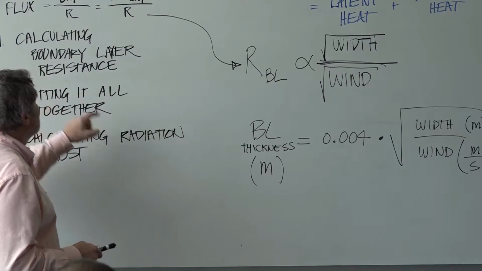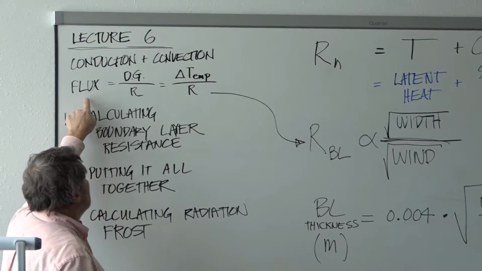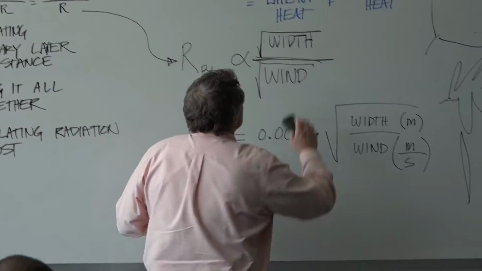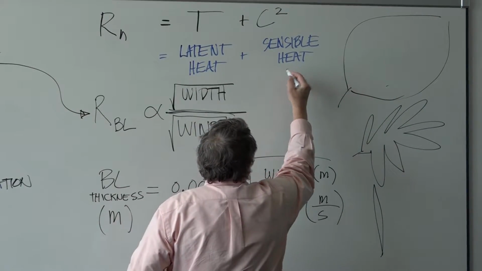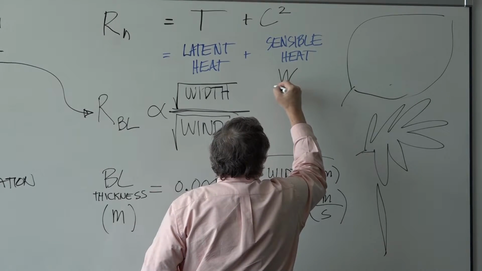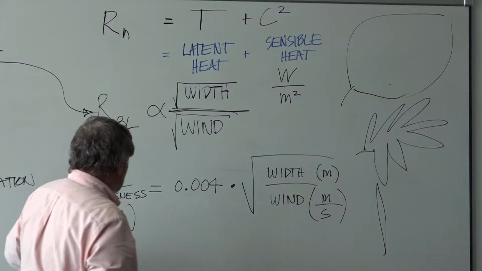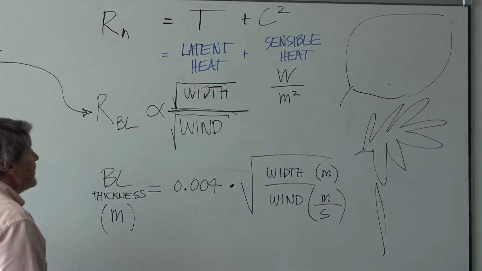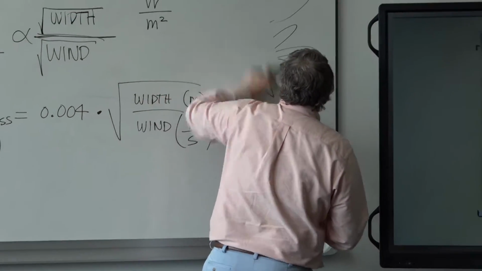But we still haven't solved this whole thing, because what we want to know up here, I'm going to erase, now let's leave latent and sensible. What we want to get to up here is watts per meter squared. And so far all we know is a thickness of the boundary layer. So to put this whole thing in perspective, I'm going to erase these leaves.